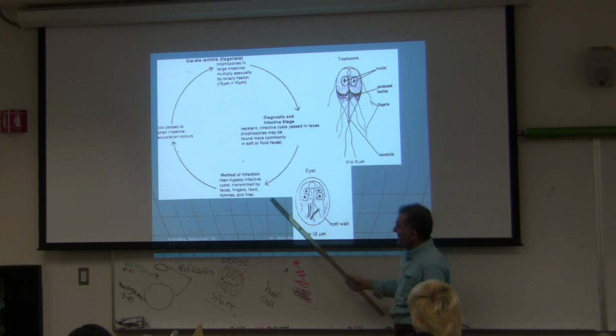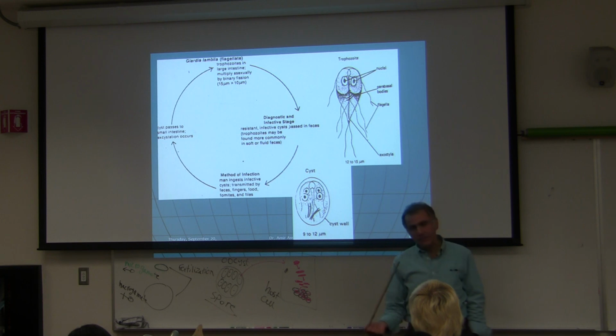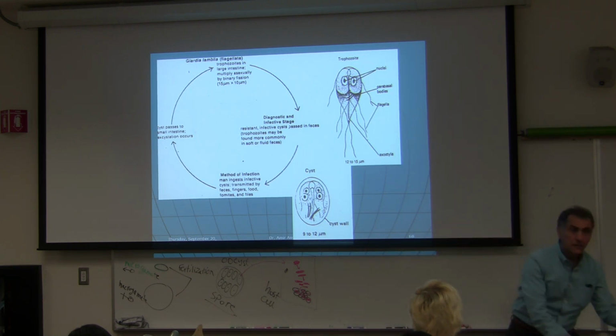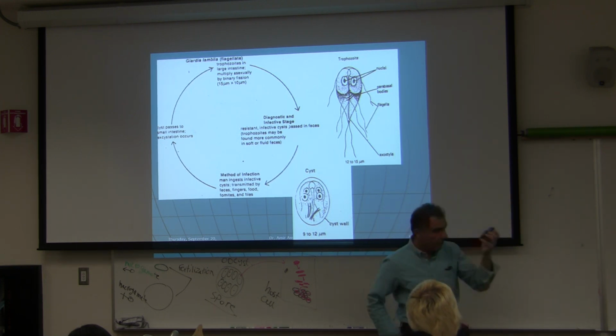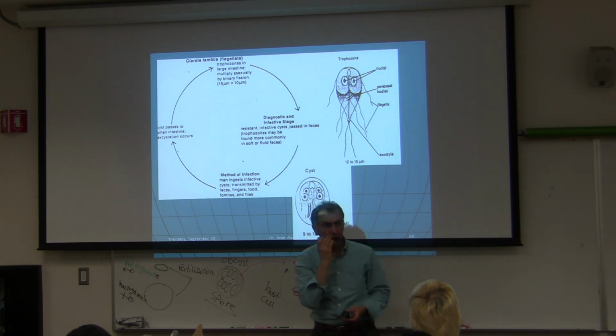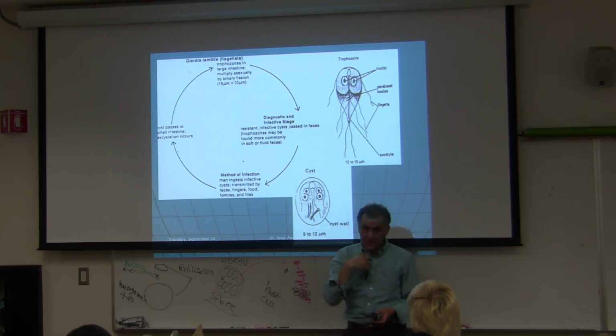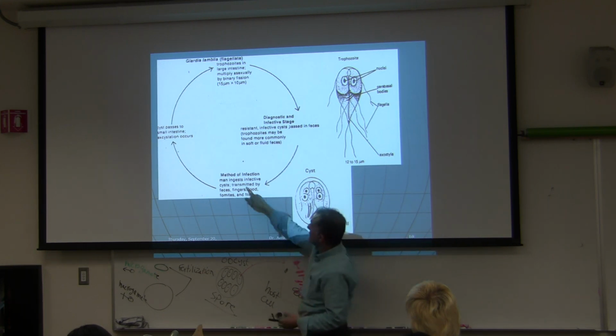They form a cyst, and that cyst can stay in the environment, in a moist environment, or maybe sometimes on a fomite. Right? This is a fomite. How many times have I put my glasses in my mouth? Many times. And if there are a few cysts in there, I ingest them and I become infected. That's the method of infection.